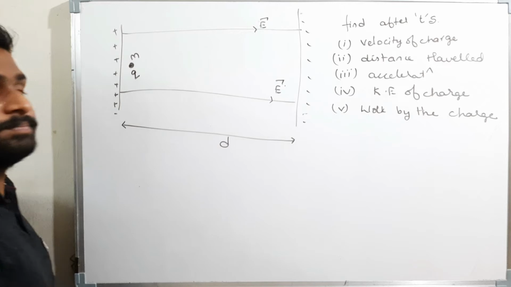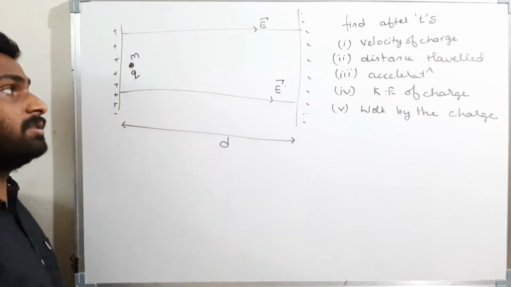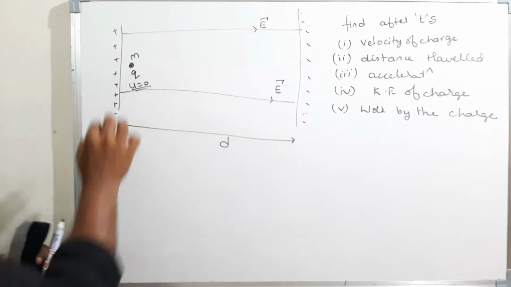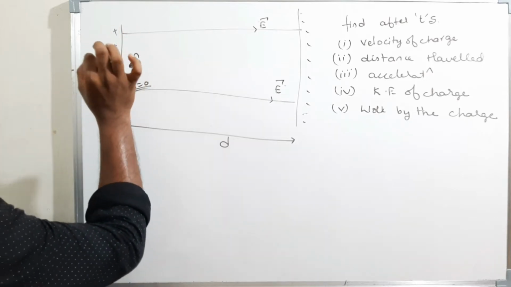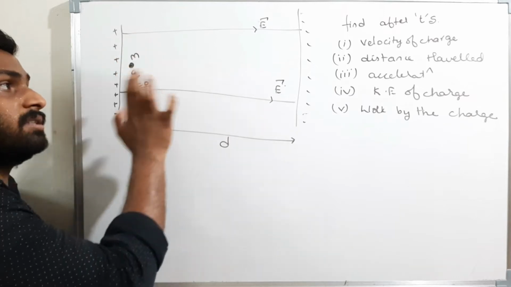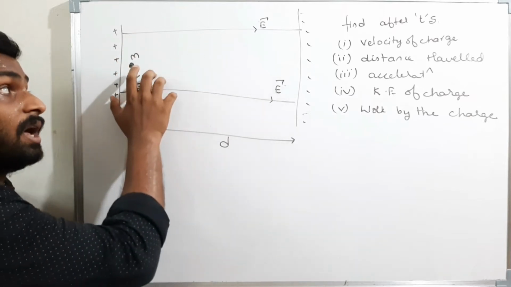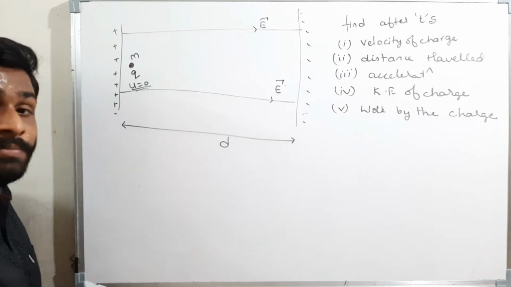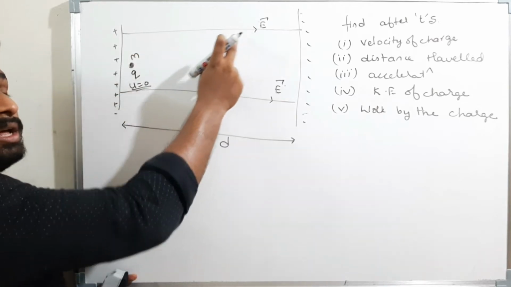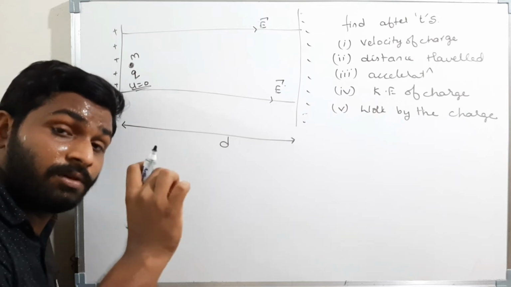Okay, now see here. After some time t, initially the velocity of the body is u. That means here I left the charge freely, so the initial velocity is 0. When I place any charge in a uniform electric field, this charge will experience some force. If it is a positive charge, then the direction of force and the electric field will be the same.